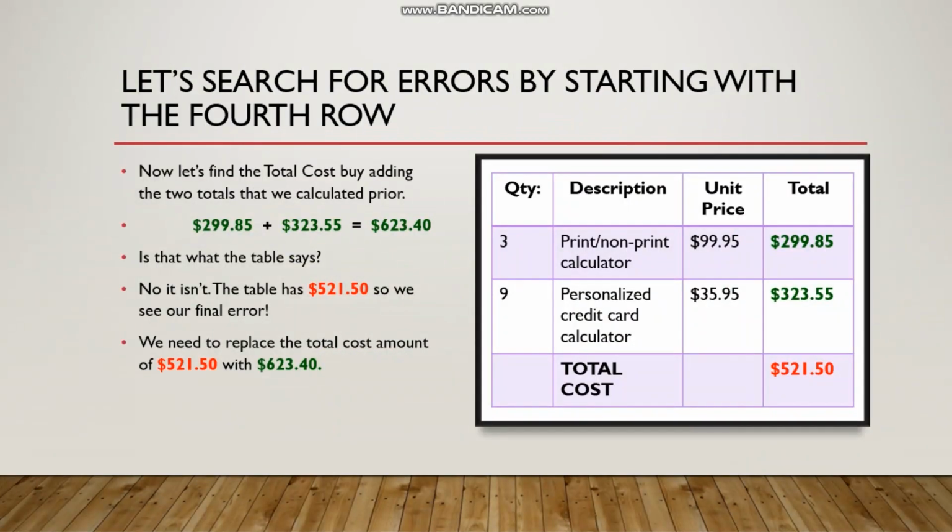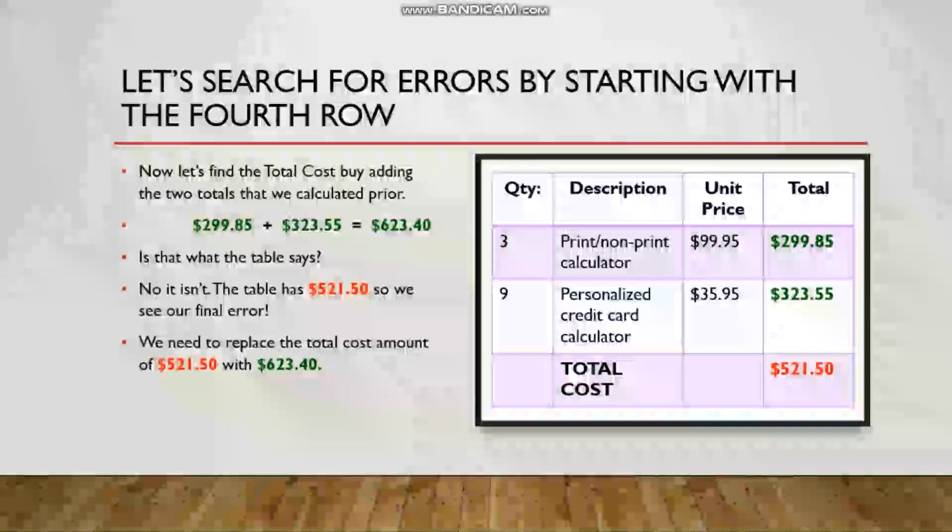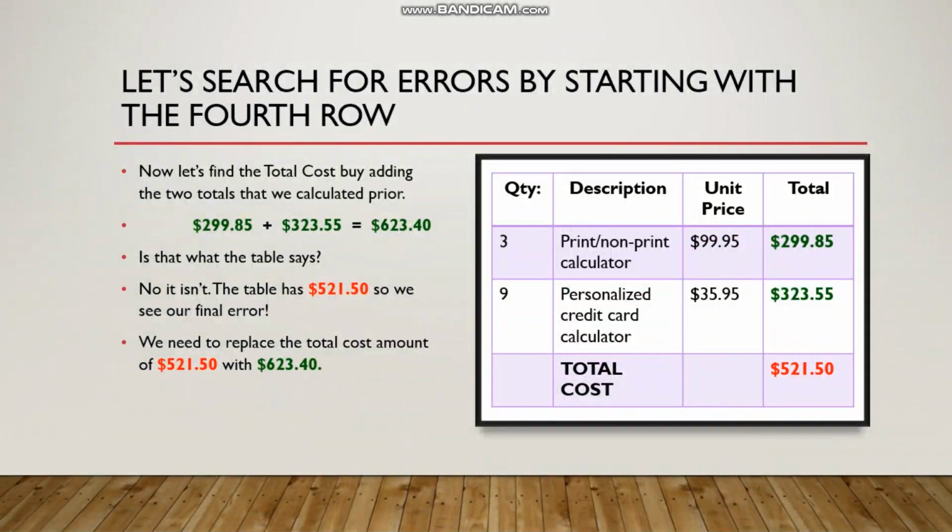Okay, let's search for some more errors by starting with the fourth row. Now let's find the total cost by adding the two totals that we've calculated prior. Now these are the correct values because remember, the correct values are in green and the incorrect values are in red. So if you've been following the video, you would see that we have the correct value for the print/non-print calculator.